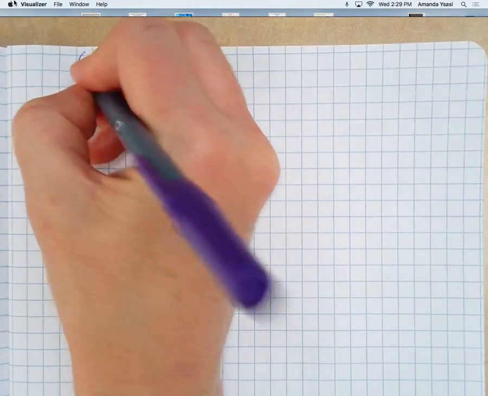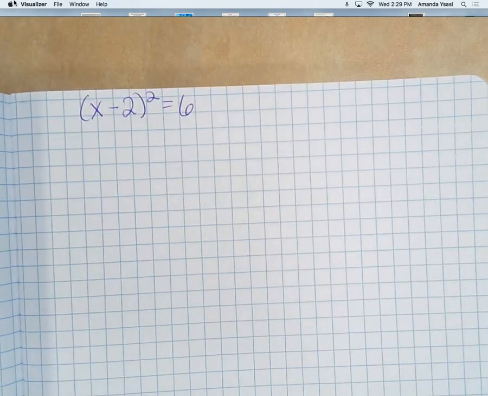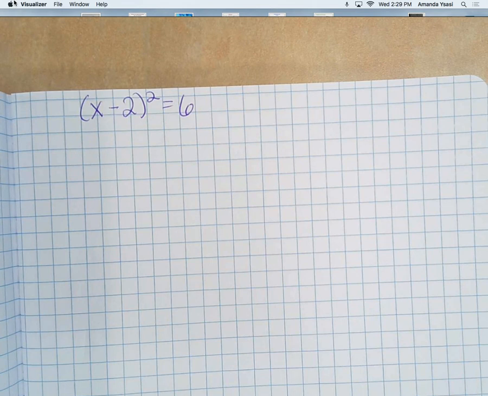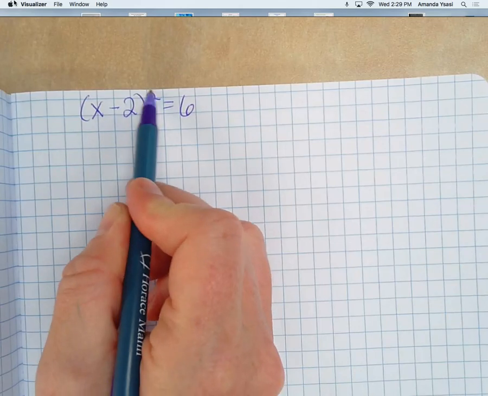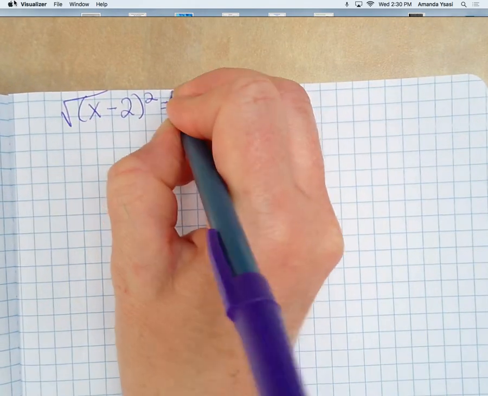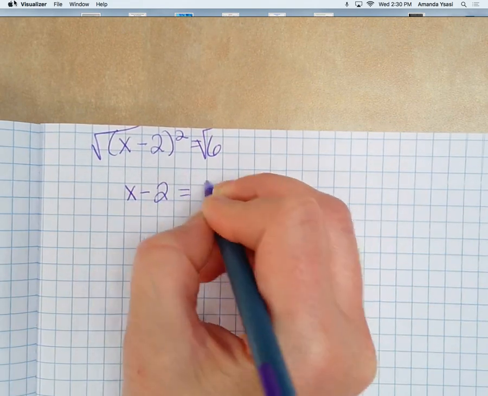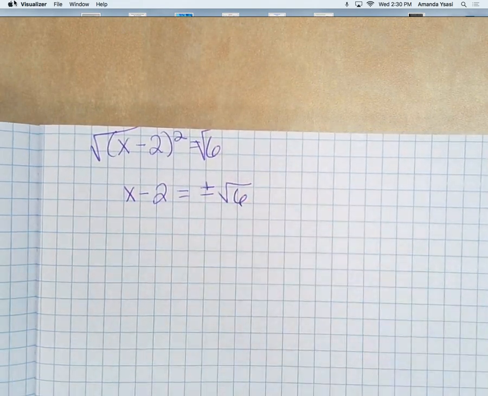Next one, x minus 2 squared equals 6. Okay, there's nothing we can factor, but we do have this squared. So how do you get rid of squared? Square root. So that means this is x minus 2 equals plus or minus the square root of 6.